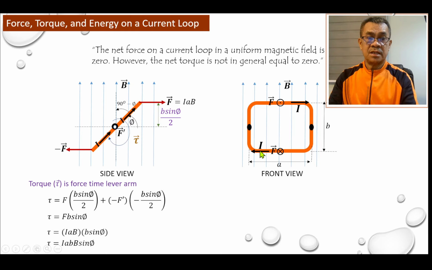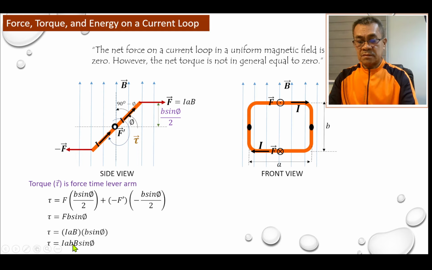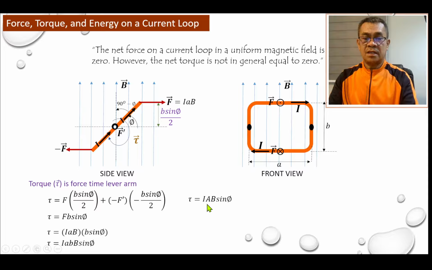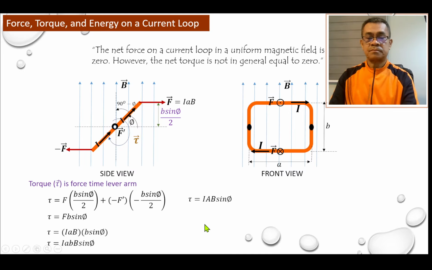In this case, it is 90, or P. So A times B is the area. Therefore, the torque now is I A B: current times area times magnetic field times the sine of the angle between the length vector and the magnetic field.